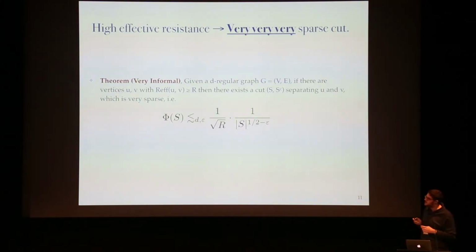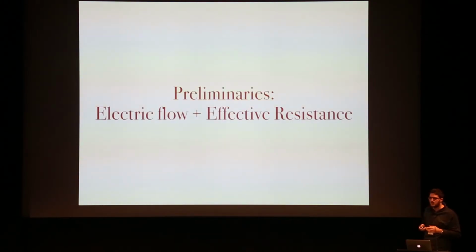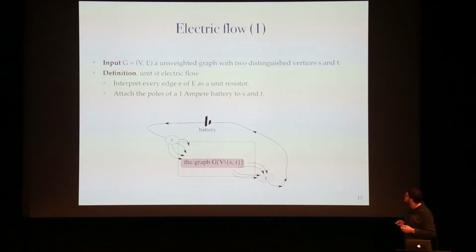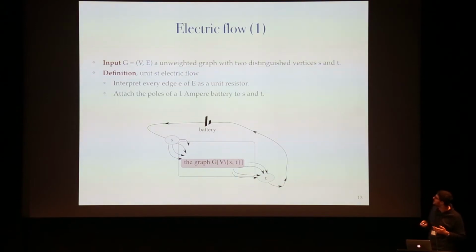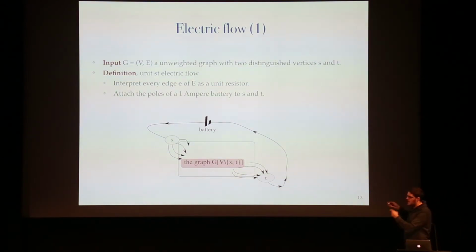OK, so now let's make this concept of electrical flow and effective resistance a little more concrete. The basic idea is you have a graph, again animated, and now you're interpreting this graph as an electrical circuit. So every edge is a unit resistor, and I'm hooking up a battery to S and T, and I'm sending 1 unit, or 1 ampere, of electric current through the graph. I'm going to have some sort of flow.